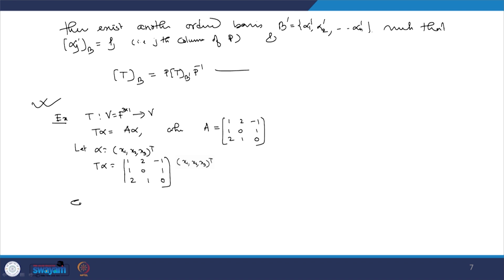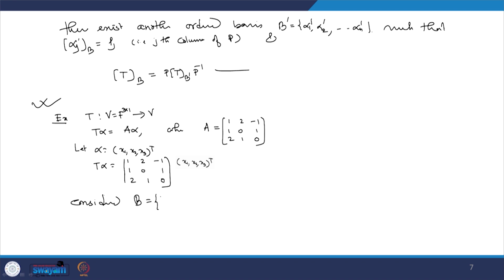Consider an ordered basis B equal to our standard ordered basis for F 3 cross 1, which is similar to F 3, only instead of row it will be column, just taking the transpose.